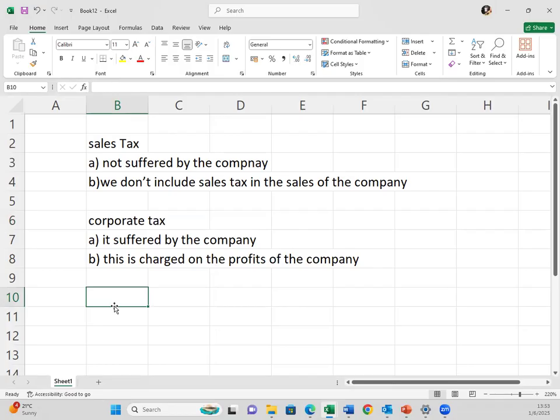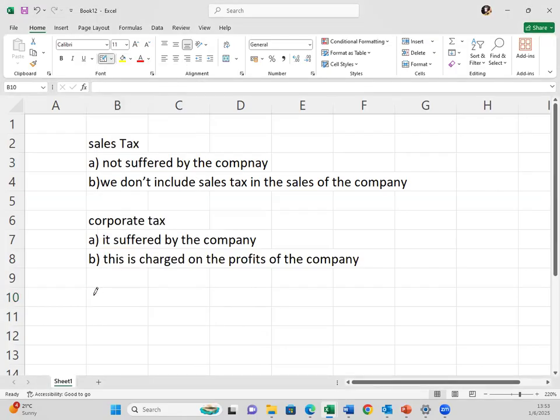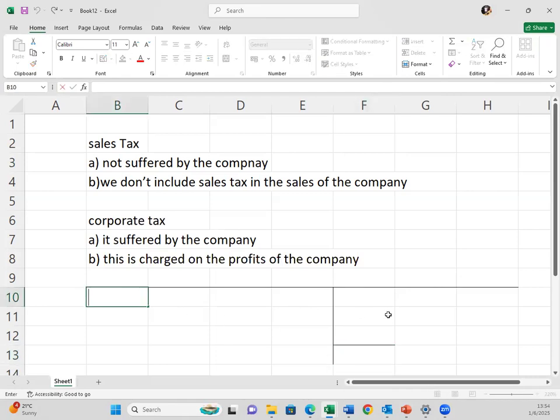Besides that, we need to know about the T account for the corporate tax. I think for sales tax, there was a question on that, and we did look at it. Now let's look at the T account for corporate tax. Corporate tax is normally paid as a liability.